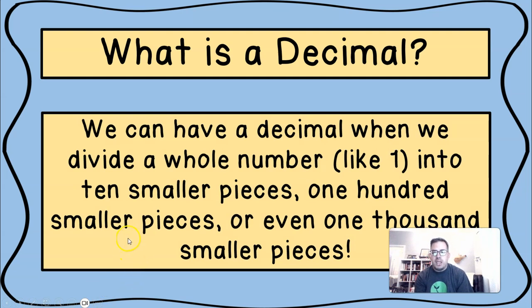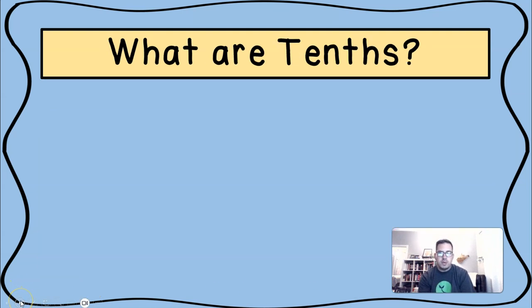We can have a decimal when we take a whole number, like 1, and we divide it into 10 smaller parts, 100 smaller parts, or even 1,000 smaller parts. So it can be cut into 10, which are small, 100, which are even smaller, and 1,000, which is even smaller than that. That's how we get decimals.